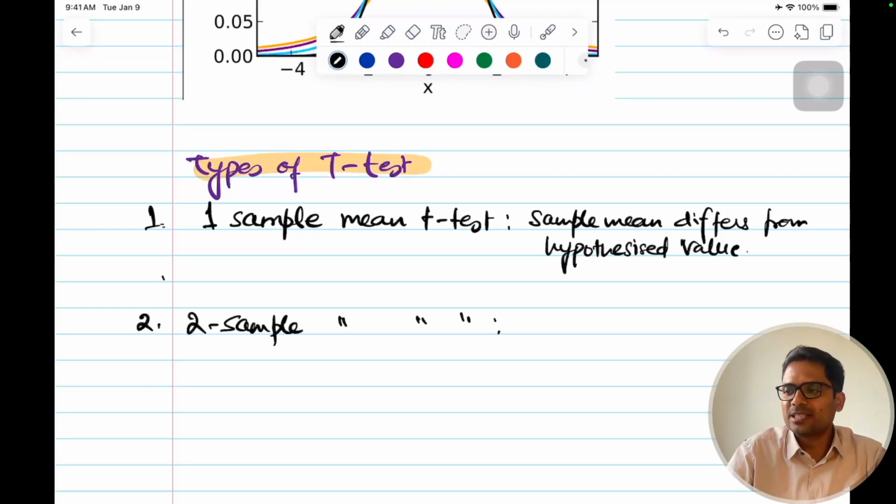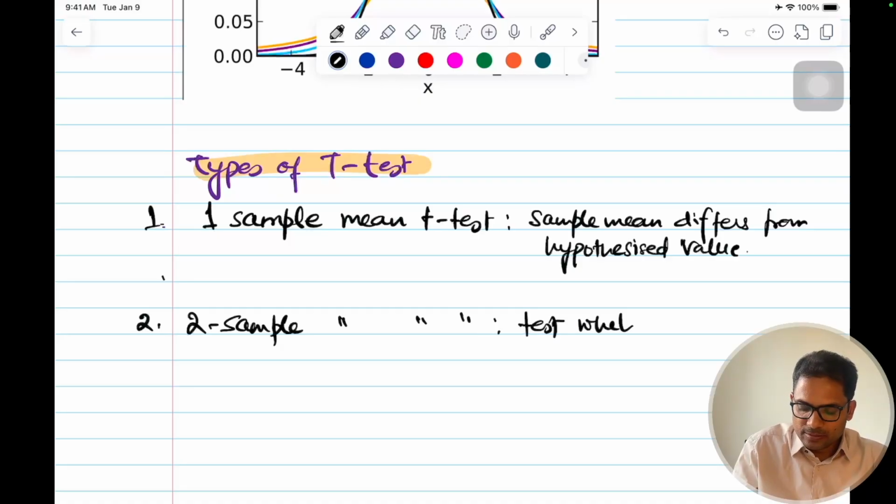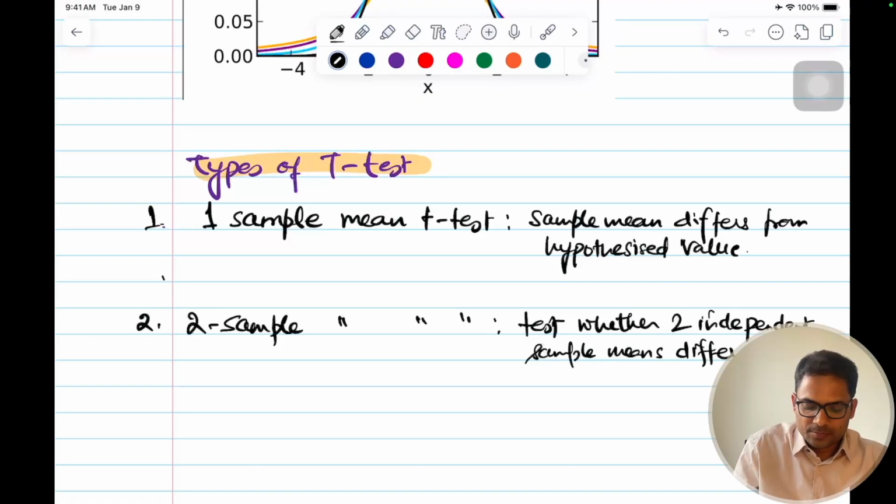Here we test whether 2 independent samples, coming from 2 different independent groups, have means that differ. These are the 2 we are going to discuss.